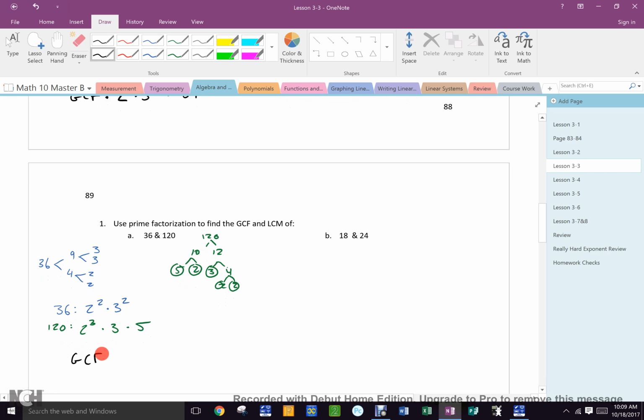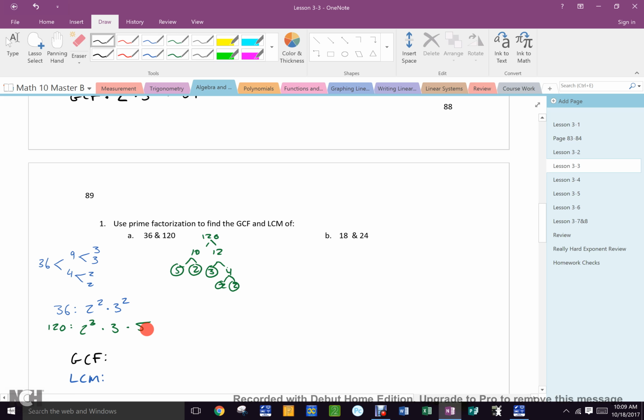GCFs will be black. LCMs will be blue. If you need to flip back to your notes, flip back to your notes. It's okay. Or just look up here. Make sure you write all this out, though.